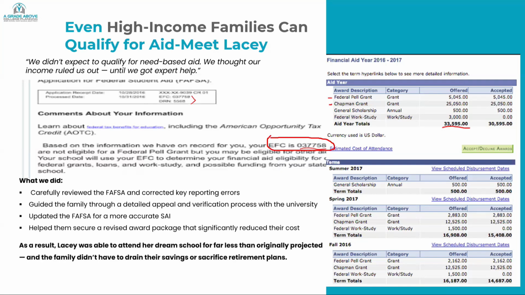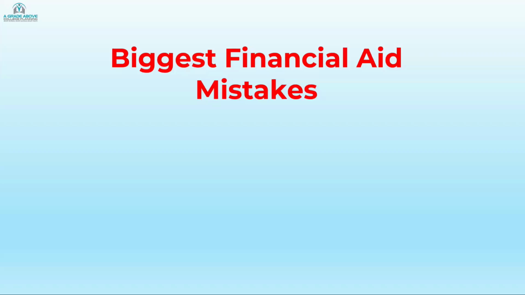As a result, Lacey was able to attend her dream college for less than originally projected. So, a little quote there from the family. But the whole point is, again, the planning process definitely creates a good opportunity when it comes to aid eligibility and receiving financial aid.